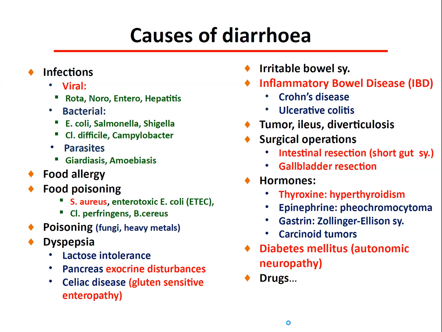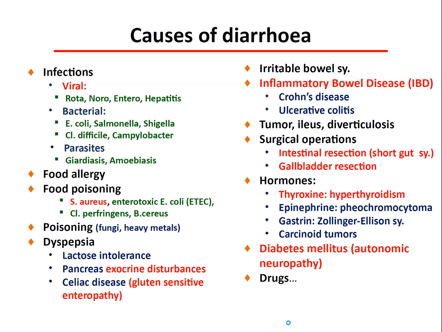syndrome, or inflammatory bowel diseases, as we mentioned before, a tumor, and whoever has tuberculosis or intestinal infection or short gut syndrome, for example, or gallbladder resection due to a surgical operation, hormones such as thyroxine in hyperthyroidism, or epinephrine in pheochromocytoma, or Zollinger-Ellison syndrome when we do have an elevated gastrin level, or carcinoid tumor can cause diarrhea.